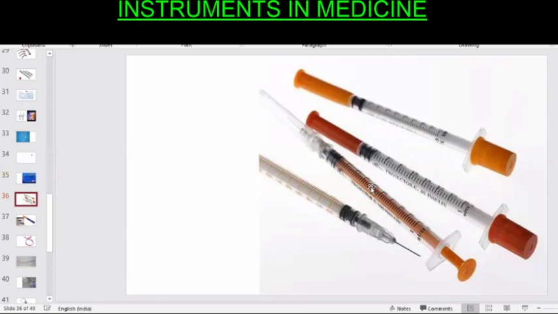So these are two insulin syringes. One is black and one is red. What is the difference between the two?